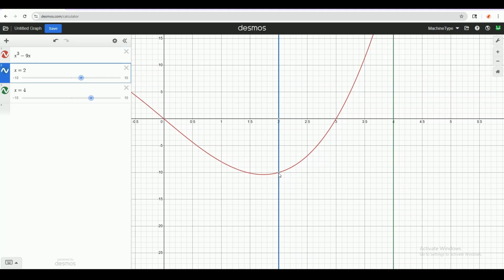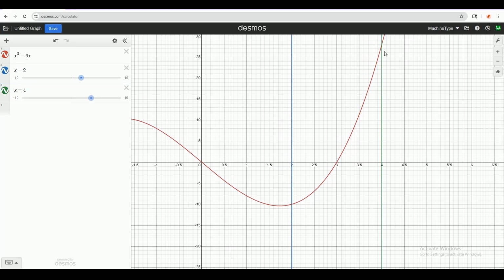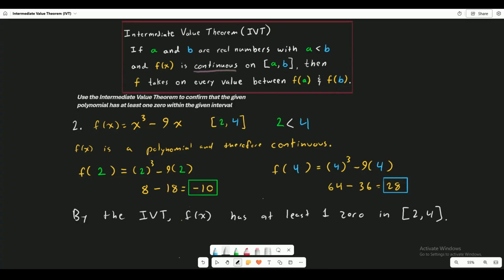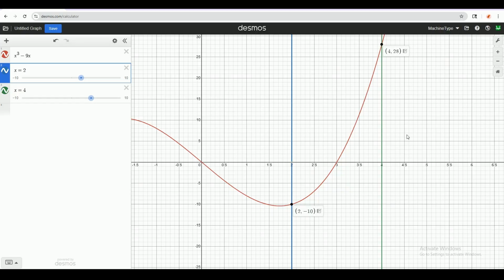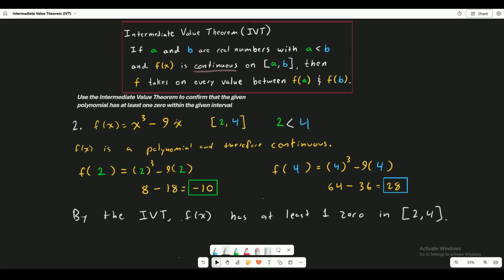Here's f of a, and f of b is up here: negative 10 and 28. All right, we're good. And there it is. By the intermediate value theorem, yep, it has one, specifically at (3, 0), that's where our root is. But we're not being asked what the root is. We're just being asked to confirm that it has at least one root in the given interval.